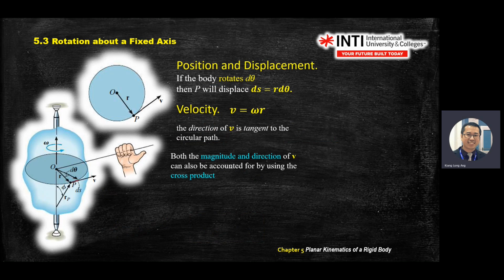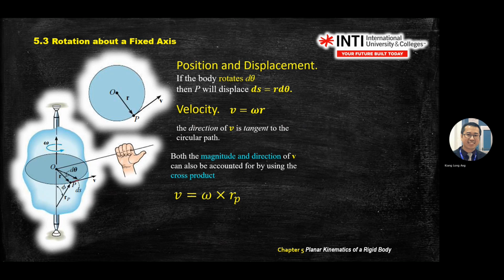v is always tangent in the circular path. Magnitude and direction of v is a vector. So if you want to write it in vector form, you need to use cross products, which is v equal to omega cross r_P. The sequence cannot flip. You always take omega cross r_P.